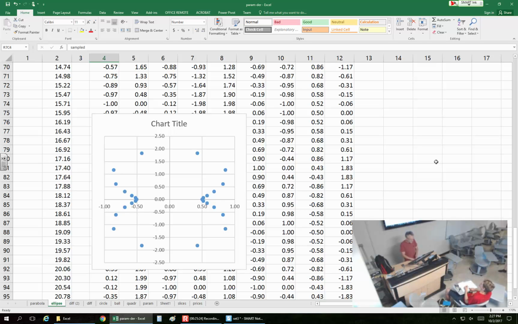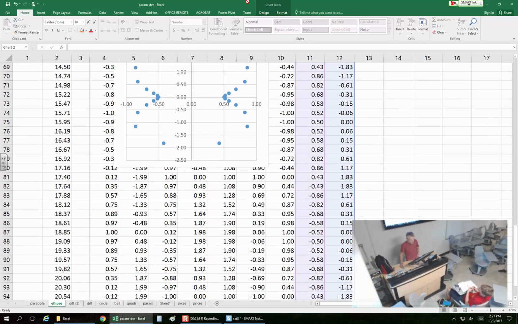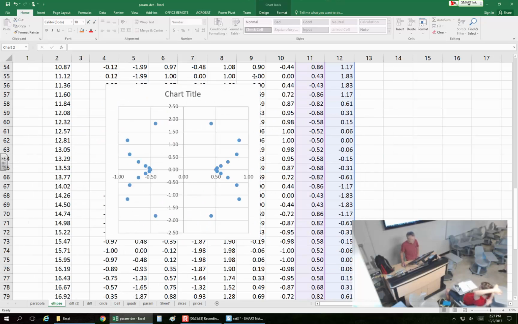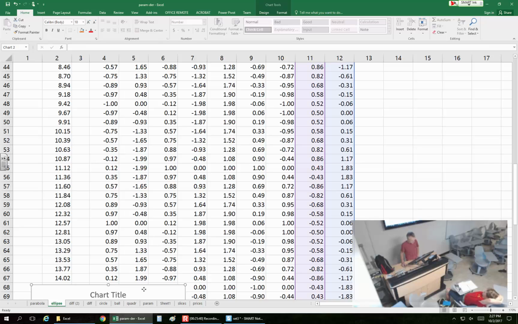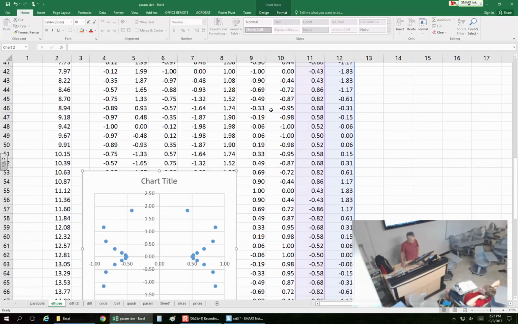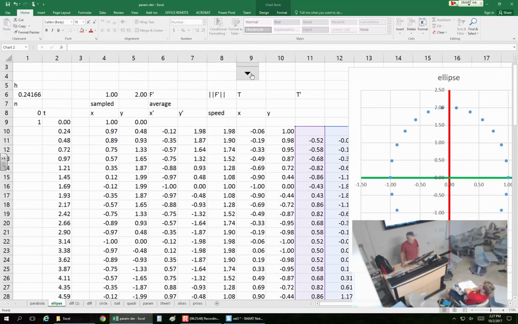Let's try to understand what this is. This is supposed to be the derivative of the ellipse. Bring it up. So the ellipse that we're looking at. So this is the ellipse.